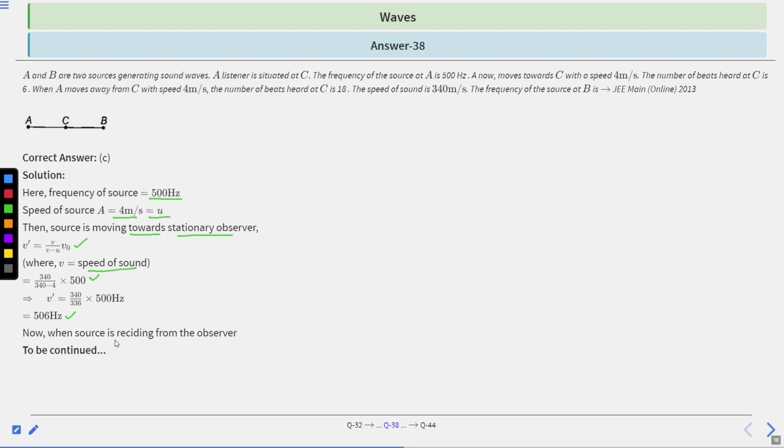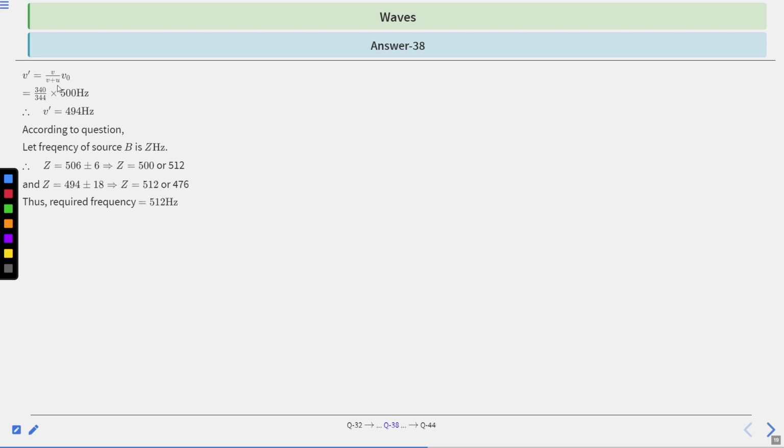Now, when the source is receding from the observer, v prime is equal to v divided by v plus u, multiplied by v naught. Putting in all the given terms, we get 340 divided by 344 multiplied by 500 Hz.